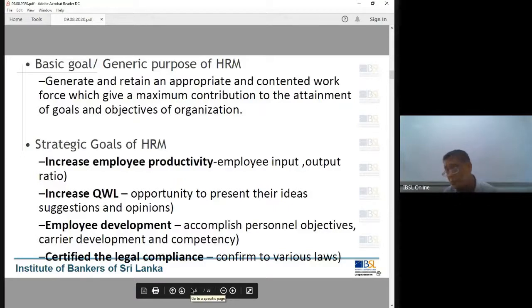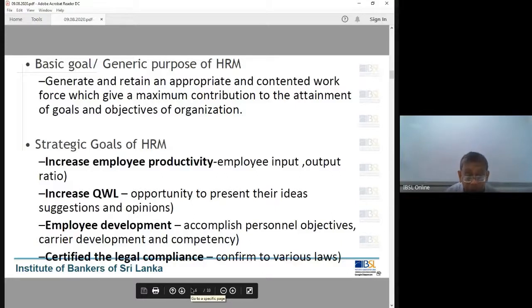There are a lot of laws prevailing in Sri Lanka under HR: Shop and Office Act, Industrial Dispute Act, Wage Board Ordinance, Trade Union Ordinance, Termination of Employees Ordinance, and like that. Lots of rules and regulations are available in Sri Lanka which protect the HR.